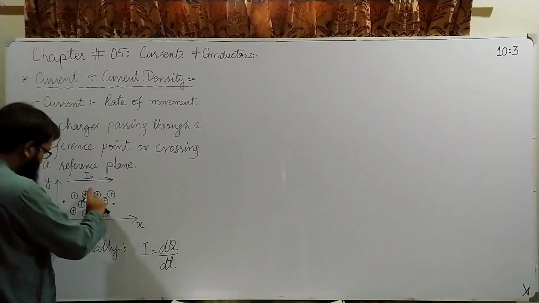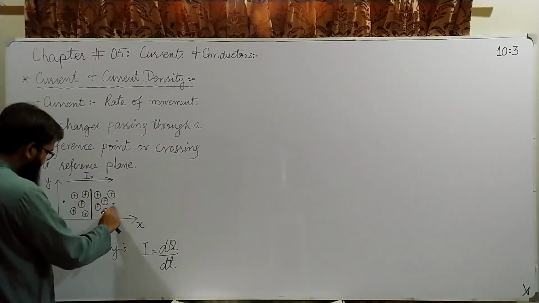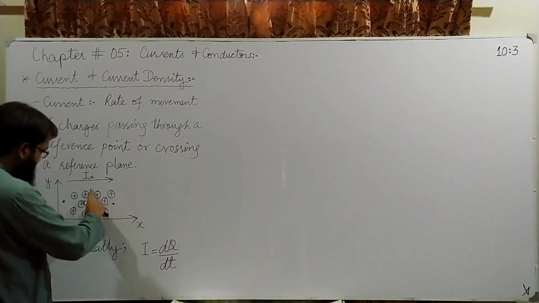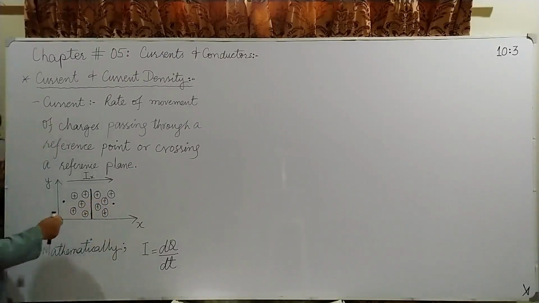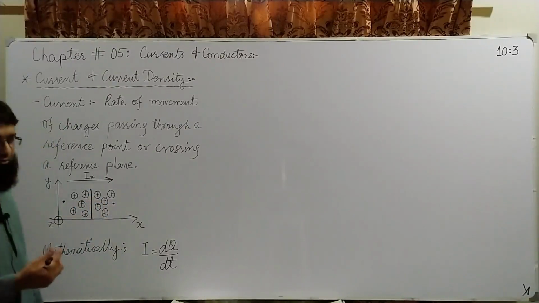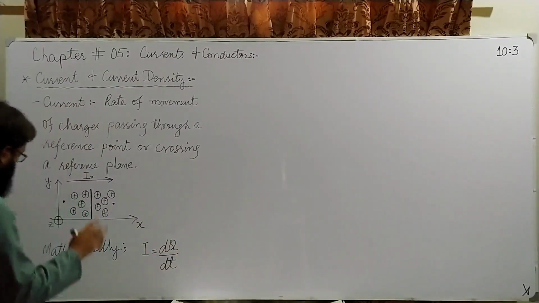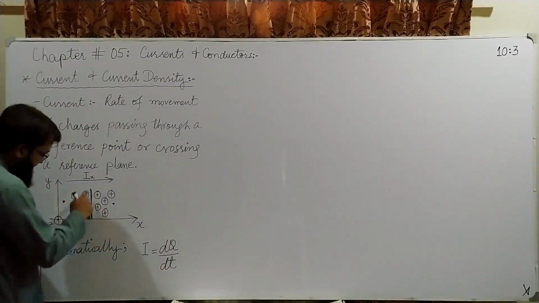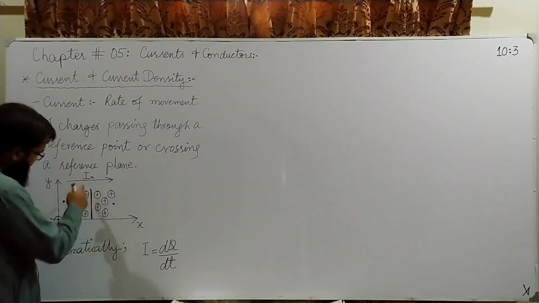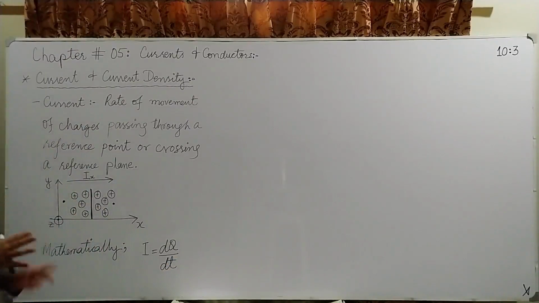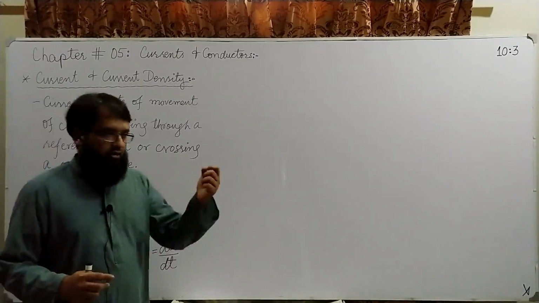Or you can think of observing charge through a point as considering a cross-sectional plane of so small an area that it can be treated as a point. So one thing should be clear, that to define a current, a reference plane is not really necessary.